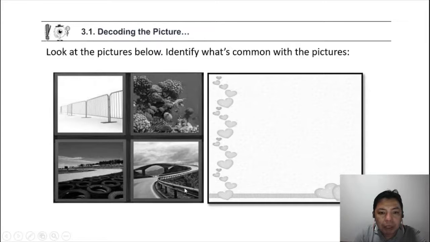The fourth picture are road fences, and the fifth picture, the big one, is like a border. So again, I want you to identify what's common with the pictures below. Pause the video, and then we'll continue on.